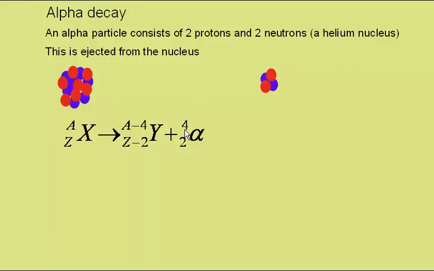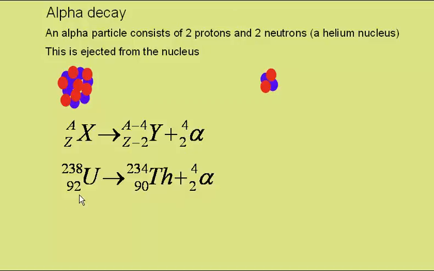We can represent this with a real element that undergoes alpha decay. Here we have uranium 238. It will lose 2 of its 92 protons to become thorium with proton number 90. It will lose 4 of its nucleons to have a nucleon number of 234.